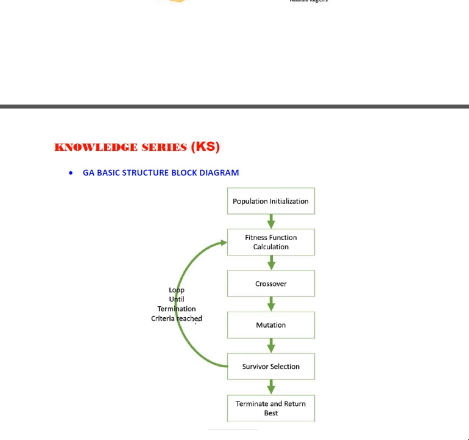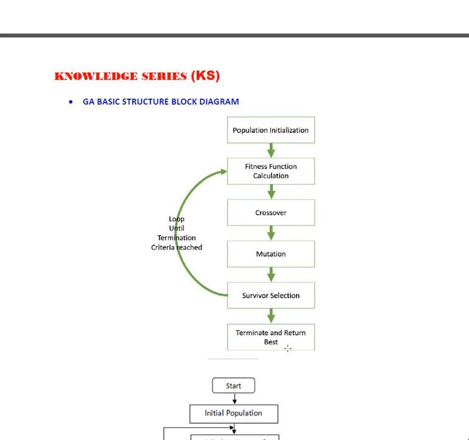Because we are looking for a local minima or local maxima based on the gradient descent, so we have to achieve that. Till that time we continue, and finally after verifying whether the value after the mutation is always the same, if it is so, we are going to terminate. So this is the basic structure.